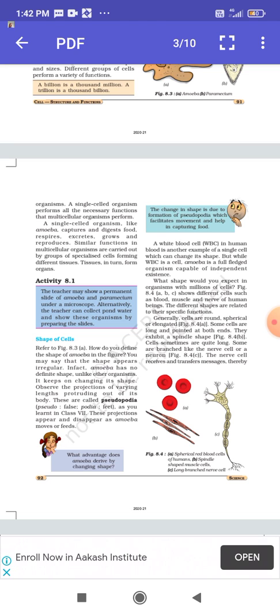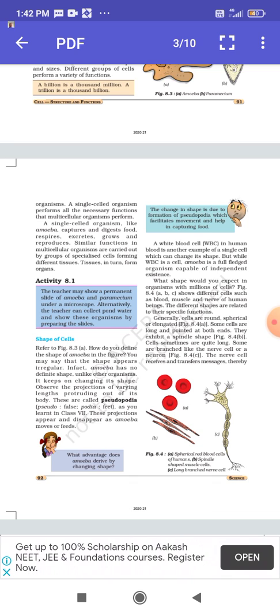Now what are pseudopodia? These are finger-like projections which protrude out of the body, or you can say that these pseudopodia are false feet. These projections appear and disappear as amoeba moves or feeds. A change in the shape is due to formation of pseudopodia, which facilitates movement and helps in capturing food.